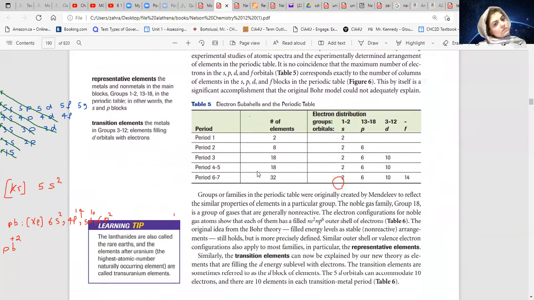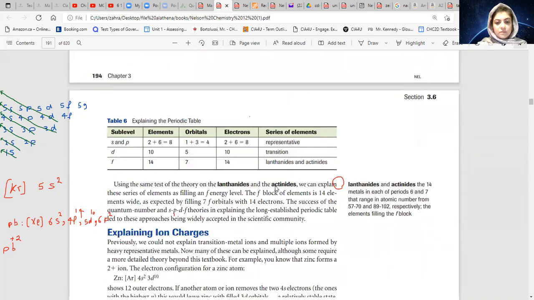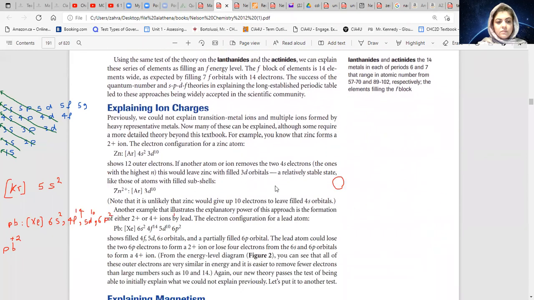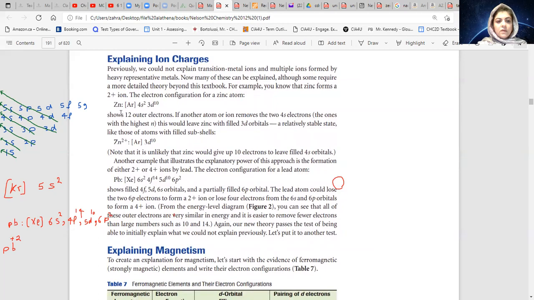So you can look at this table. Again, if you want to have Zn2+, you have to take electrons from the highest level of energy, which is from the 4s. So Zn2+ means you just take from that, and it's 3d10.